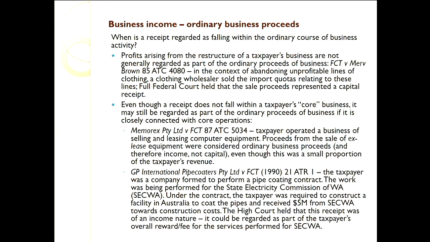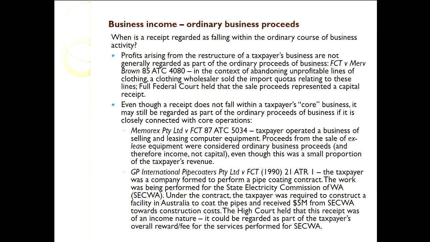Under that contract, the taxpayer is getting remuneration from the government to coat these pipes. And part of the contract terms involves the taxpayer constructing a facility where this coating of pipes would occur. And towards construction costs, the taxpayer got $5 million from the government. Now, the issue is that $5 million, is it income?